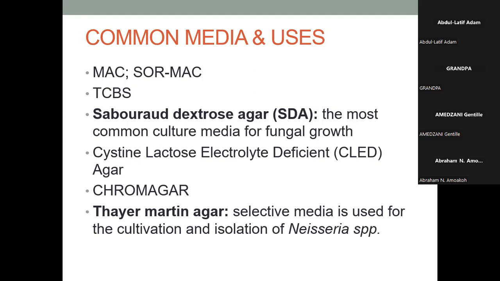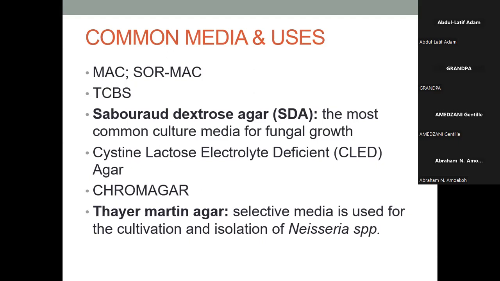Why is this a selective medium? It is selective because it contains bile salt, and bile salt is inhibitory to gram-positive organisms. But bile salts will not inhibit the growth of gram-negatives, because the gram-negatives in the GIT, the enterobacteria, are exposed to bile already.